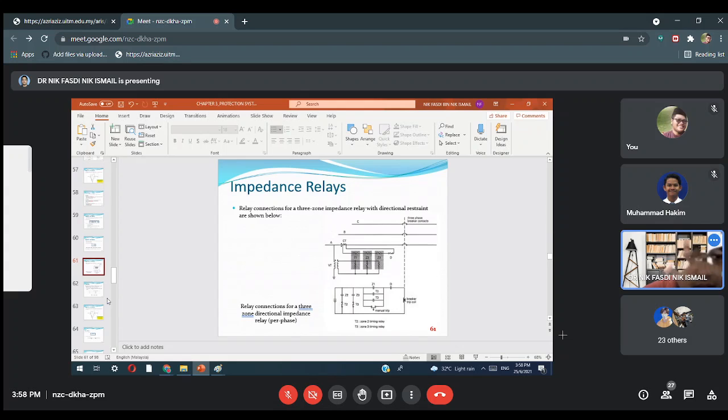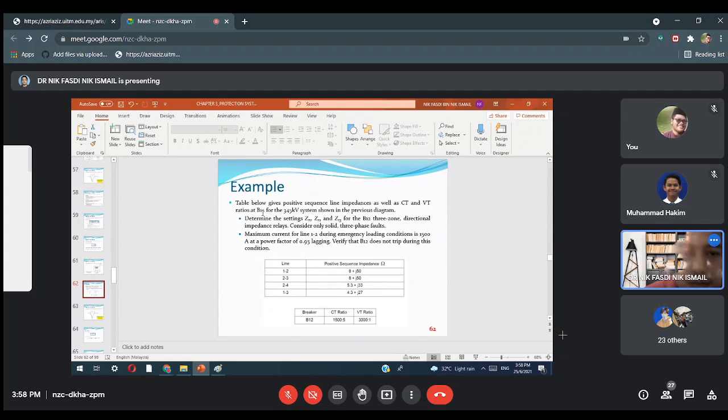Alright. Okay, example. The table below gives the positive sequence line impedance as well as CT and VT ratio at B12 for the 345 kV system shown in the previous diagram. Determine the settings ZR1, ZR2 and ZR3. The B12 three-zone directional impedance relay considers only solid three-phase fault.